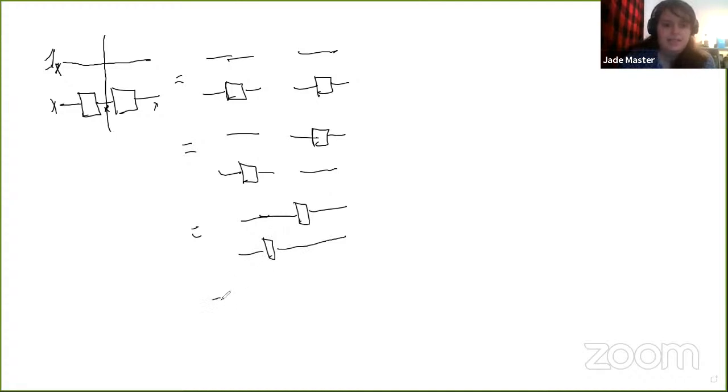And slide them past each other. This is kind of weird because, if you think about it in terms of processes, it's saying that two processes performed in parallel are the same as two processes performed in sequence. Yes.